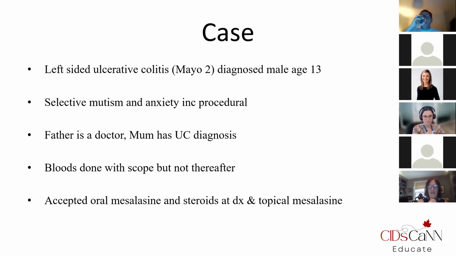Next slide. So this guy already has a diagnosis of colitis. I walked you through the first one for reasons I hope you have appreciated. But this guy was 13, with moderate activity, left-sided colitis on scope, and pre-diagnosis problems with selective mutism and anxiety, including procedural anxiety around bloods, treatments, including colonoscopy.